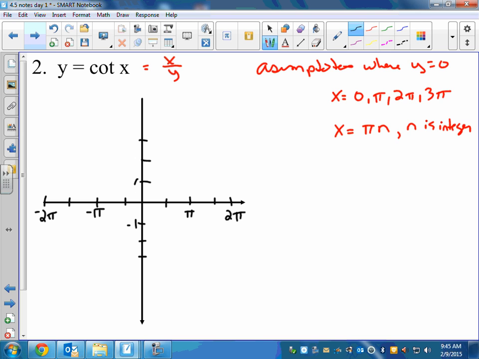Do you agree with me on that? Because at 0, if you try to do cotangent of 0, you get 1 over 0, which is undefined, which means there's going to be an asymptote here.